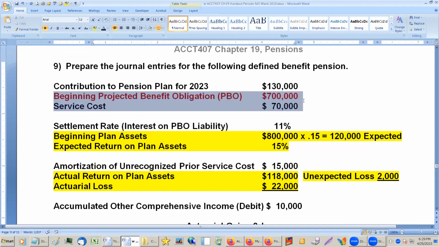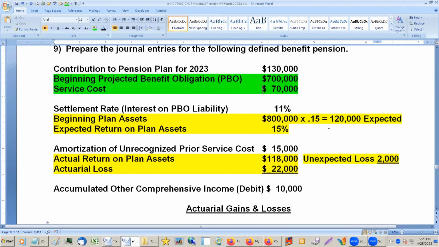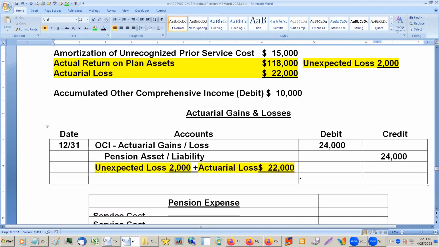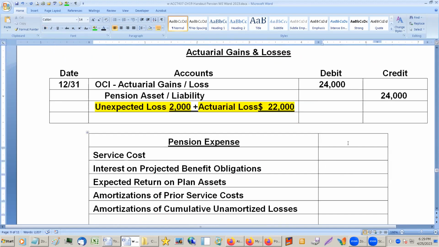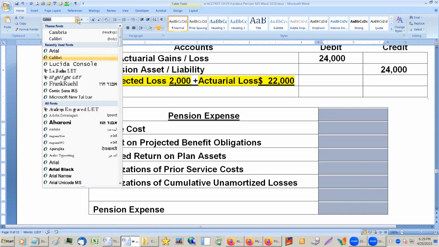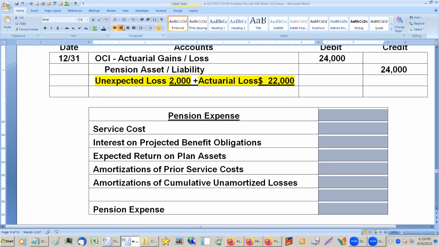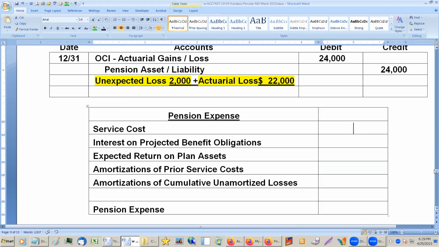Okay, and we gotta start adding some other stuff up. Okay, so prior service cost was, scratch that. It's just plain service costs. This is the current year. So this is what the employees earned over the current year, 70,000. This is probably messed up too, isn't it? It is. I gotta check and make sure that I didn't mess up on the tests.